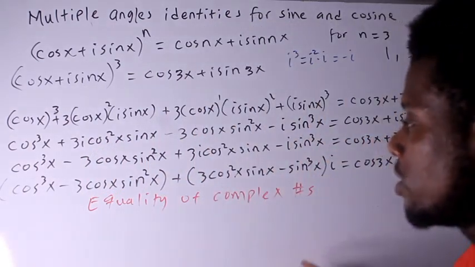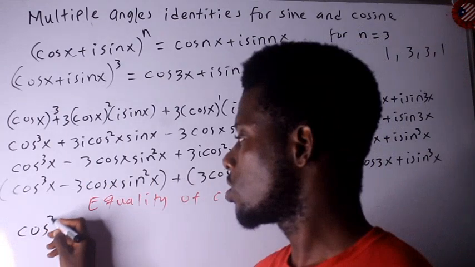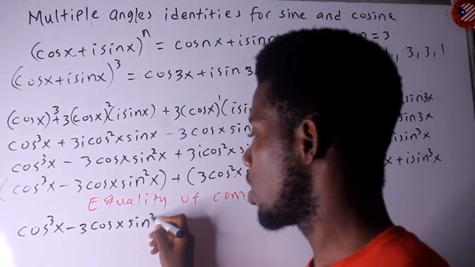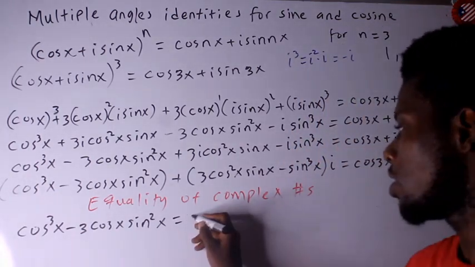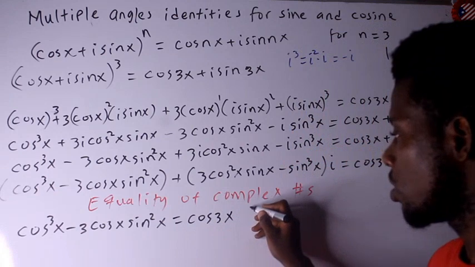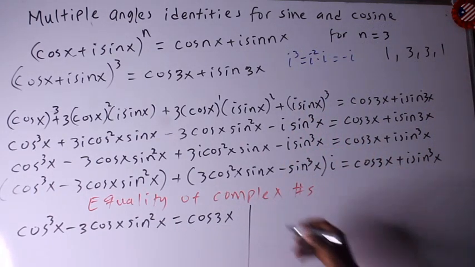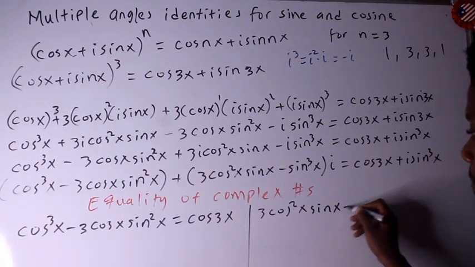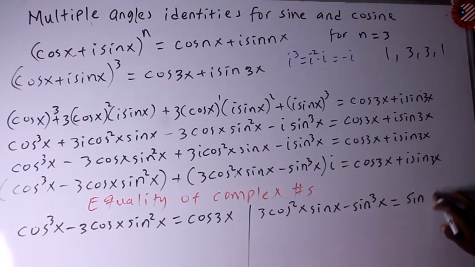So what is the real part on the left hand side? That's cos cube x minus 3 cos x sine square x. It should be equal to the real part on the other side, which is cos 3x. Also, the imaginary part on this side is 3 cos square x sine x minus sine cube x. This should give you the sine 3x identity.